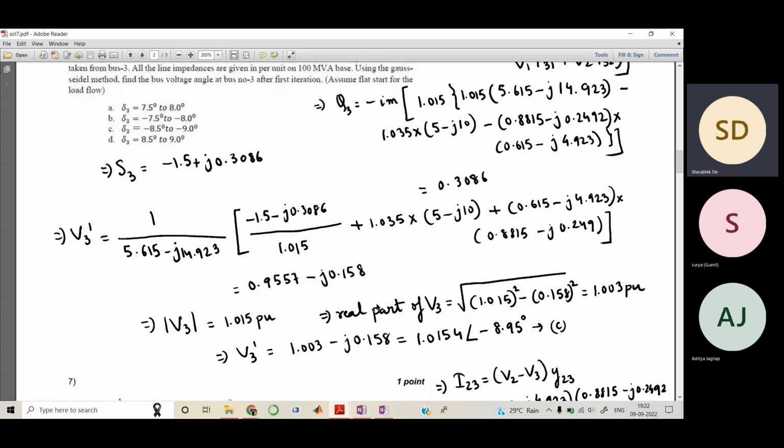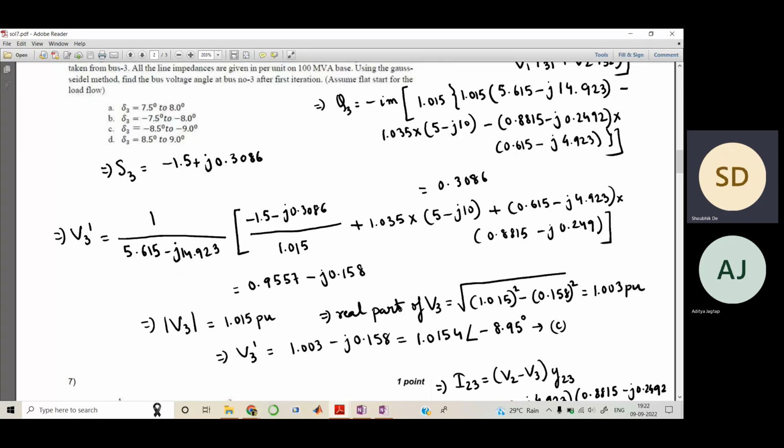The problem is with the real term of bus 3, which is 0.9557. So we have to find the real part of the voltage of bus 3.